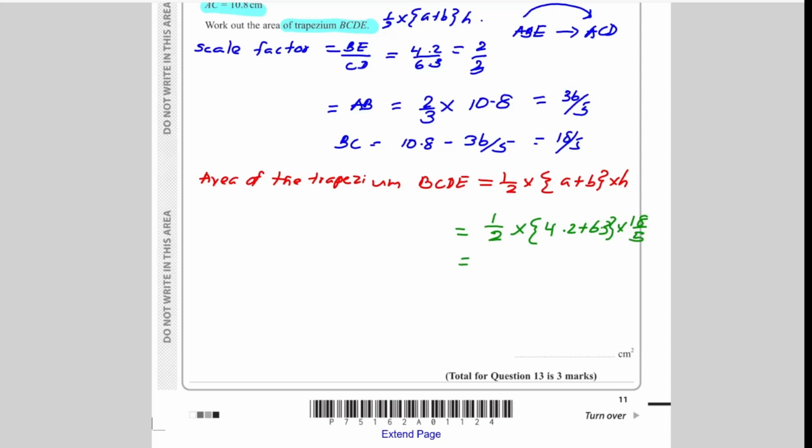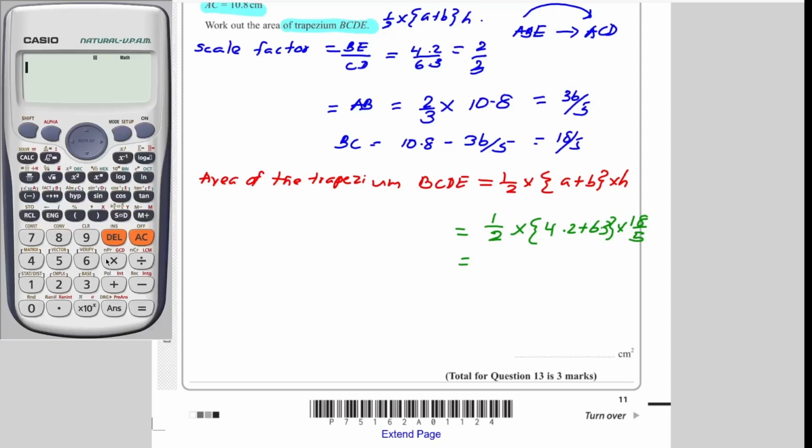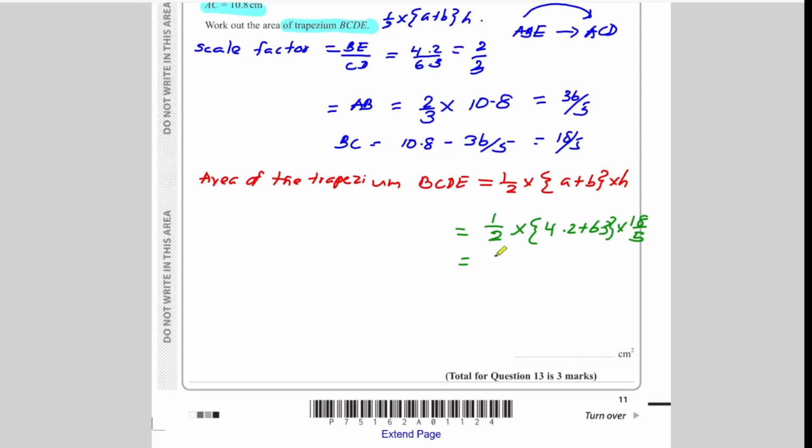So let's use the calculator. Half, 1 over 2, times brackets 4.2 plus 6.3, close the bracket, times 18 over 5, equals 189 over 10, which means 18.9 square centimeters.